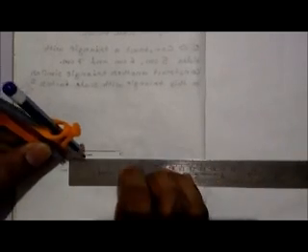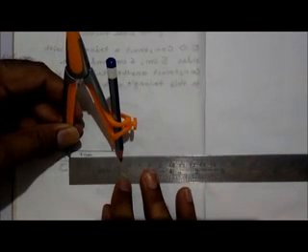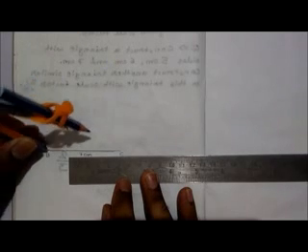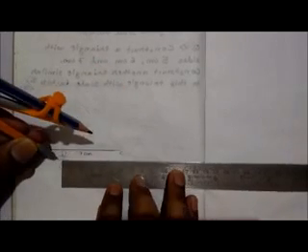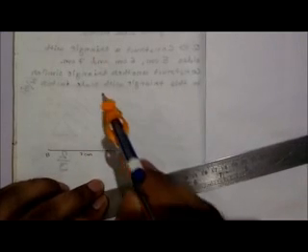Point B, C, so BC is 7 cm. Now AB is 5 cm, so by taking 5 cm as radius, give an arc from center B. Now AC is 6 cm, so again take a radius of 6 cm and give an arc by taking C as center.